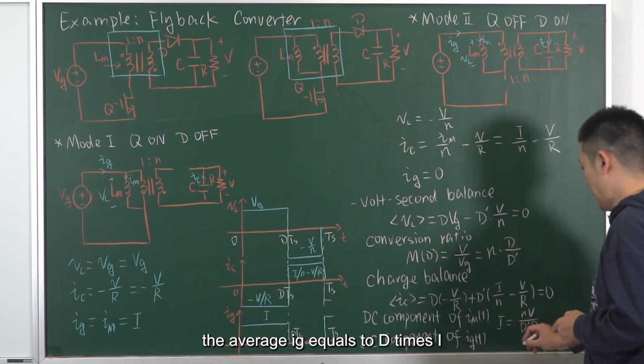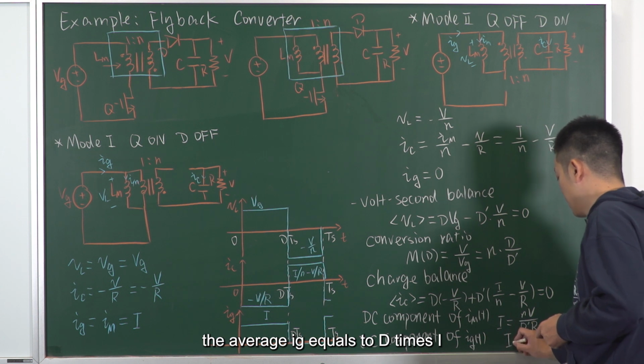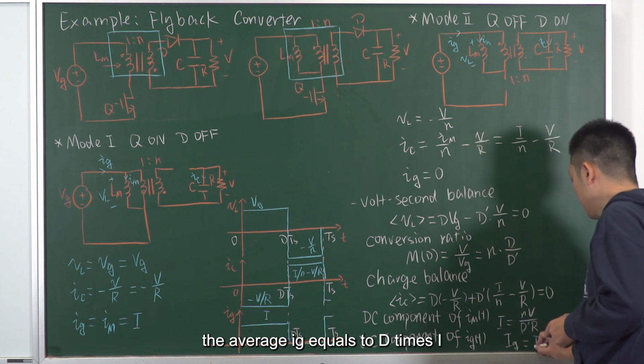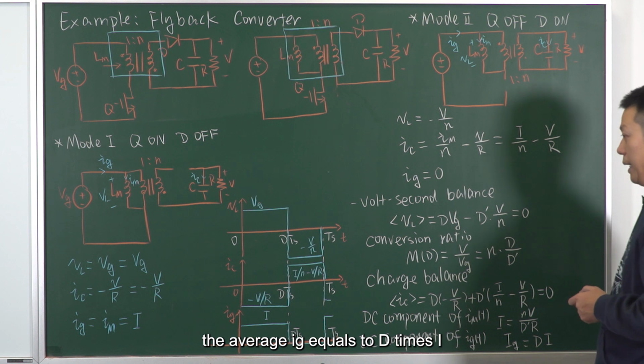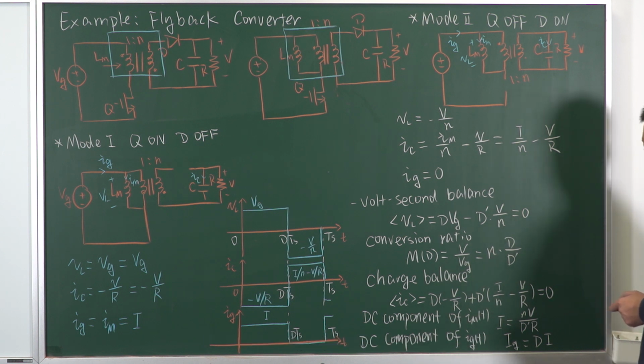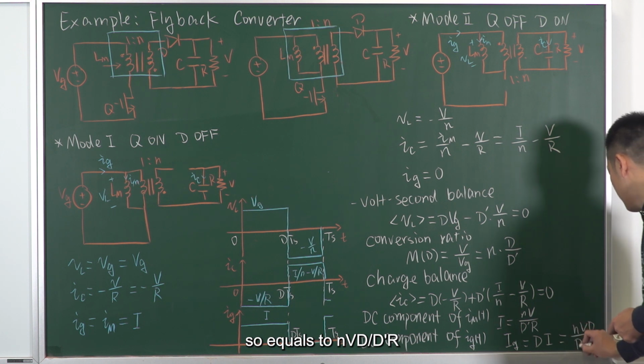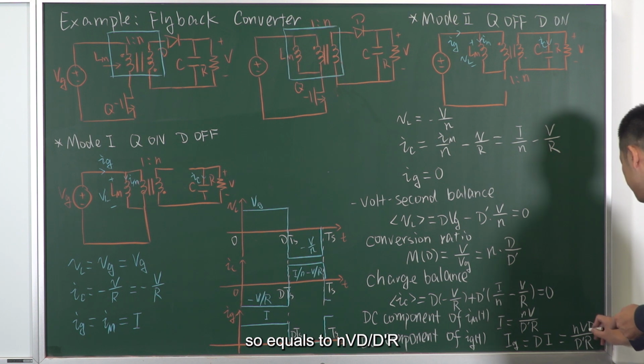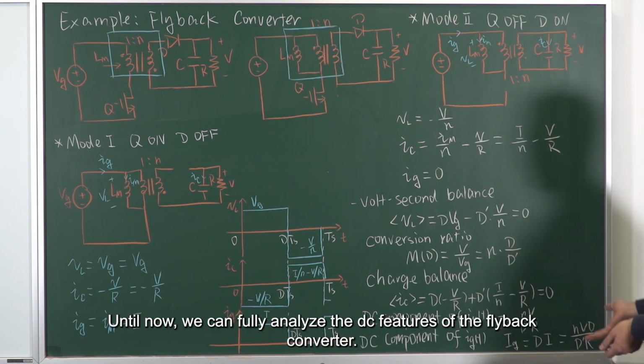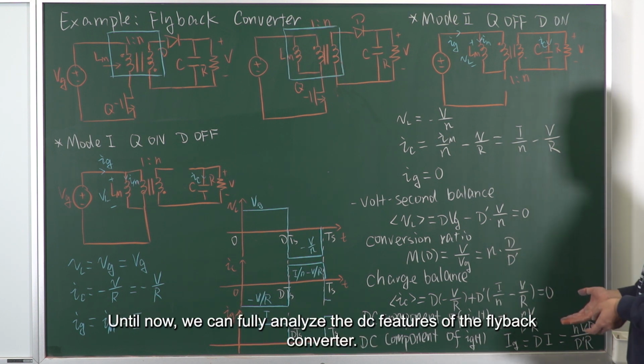So the average Ig equals D times I, which equals N V D over D prime R. Till now, we have fully analyzed the DC features of the flyback converter.